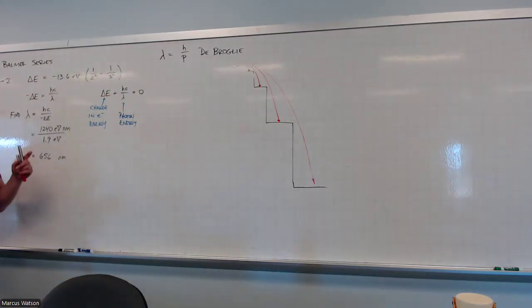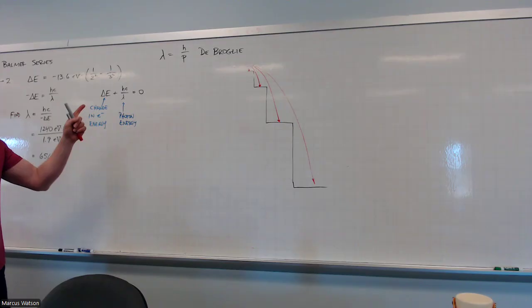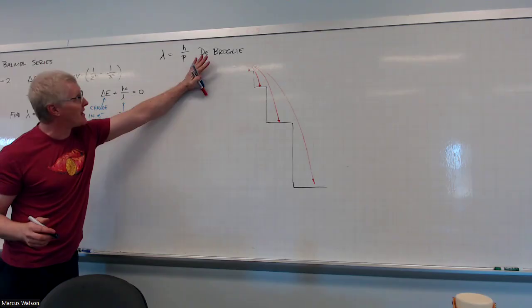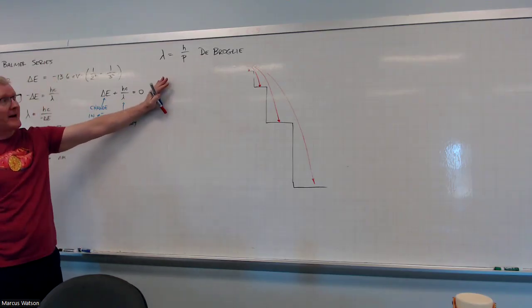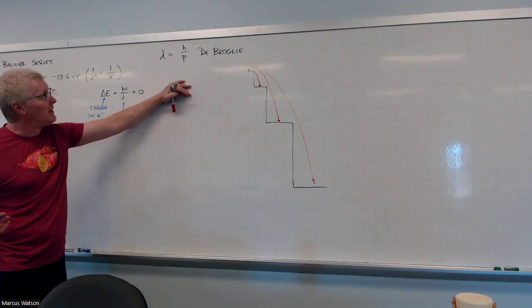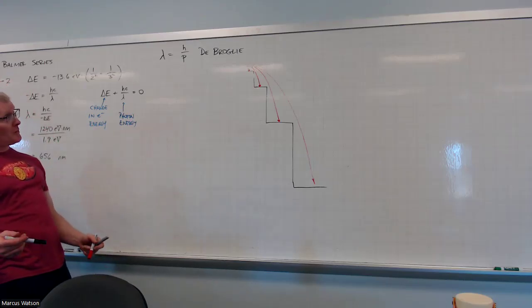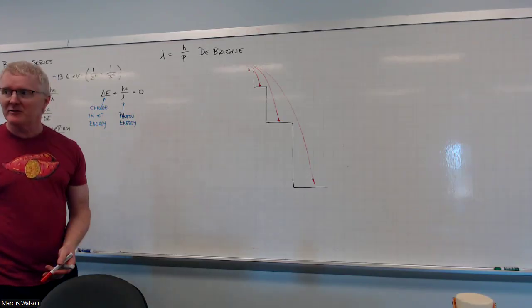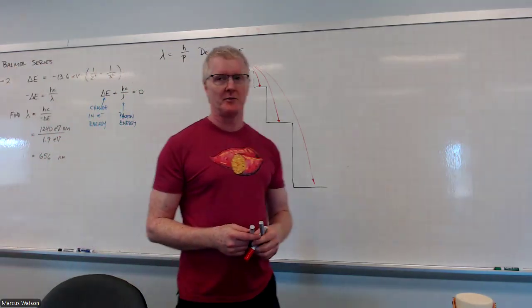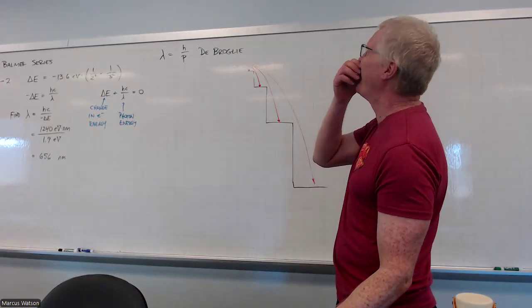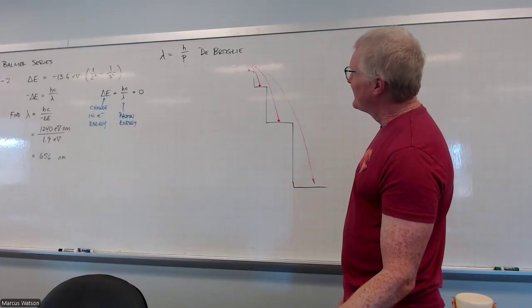And that's the relationship for the photons, right? This is the relation for the photon. And de Broglie is saying, hey, why not everything? Why not anything that's got momentum to it? So, as unbelievable as it sounds, this is actually useful.